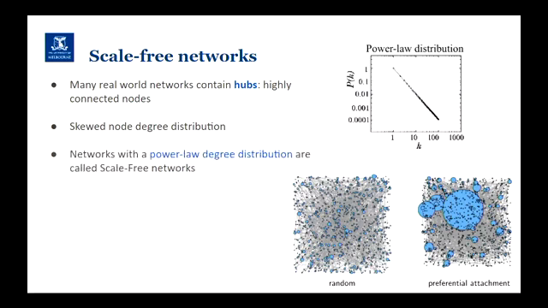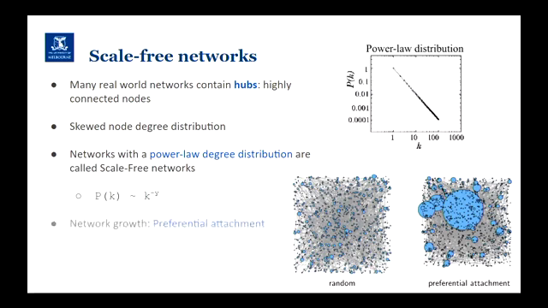So networks for which the degree distribution follows what's called a power law are called scale-free networks. So the probability of nodes having degree k decays exponentially, meaning we only have a few nodes with a lot of connections, and most nodes have only a few connections. So plotting this in log scale will give us a straight line.